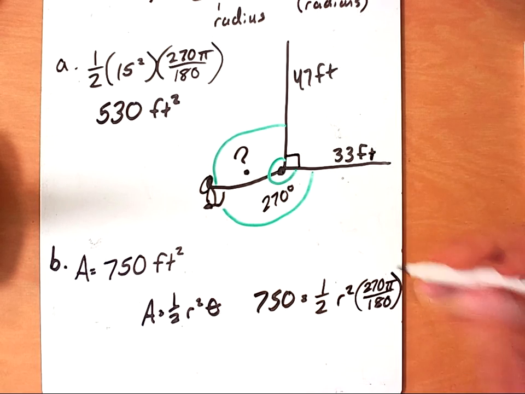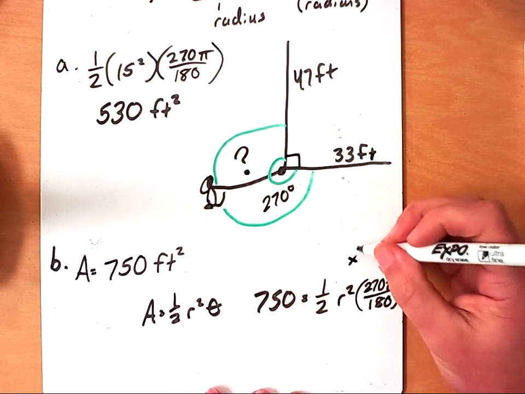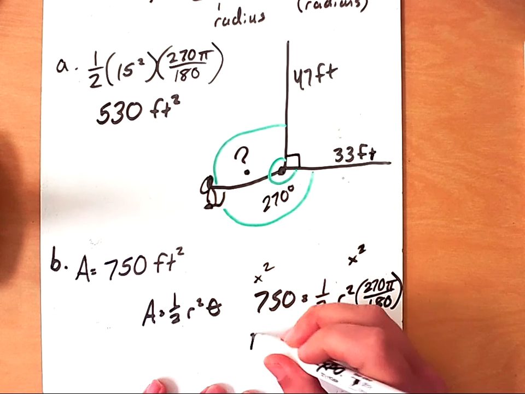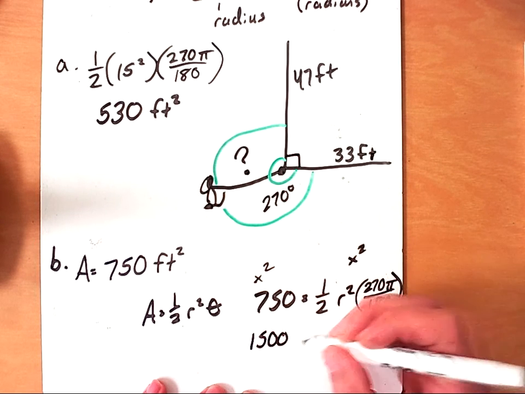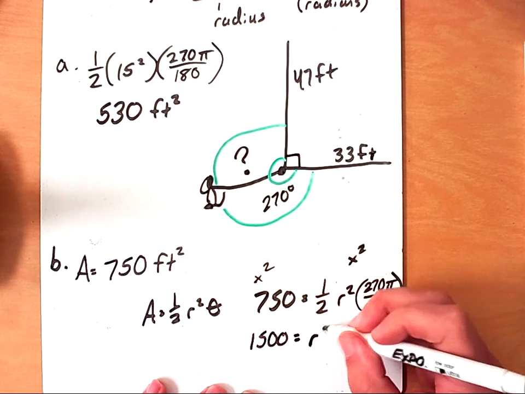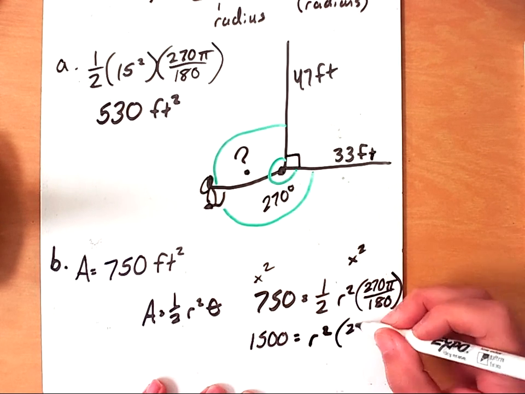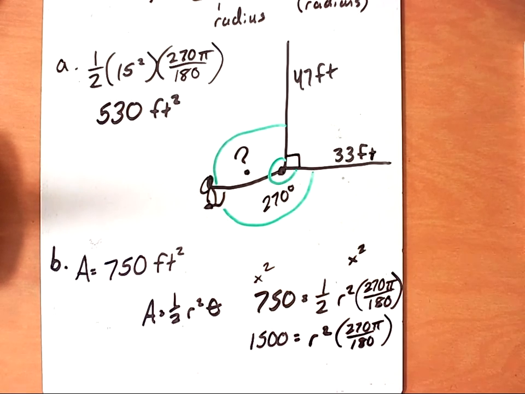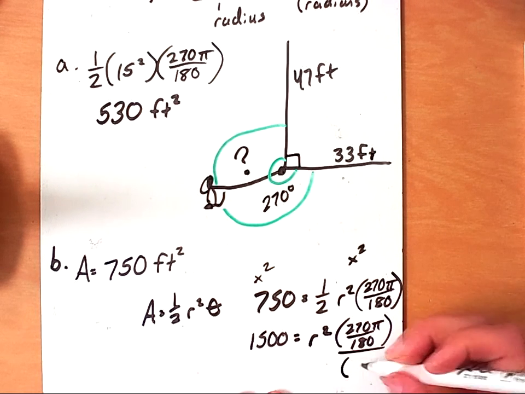So the first thing we could do is multiply both sides by 2 to clear the 1/2. So that's going to give me 1500 equals r squared times 270 pi over 180. Alright, so at this point we need to divide both sides by 270 pi over 180. You could simplify that down if you wanted.